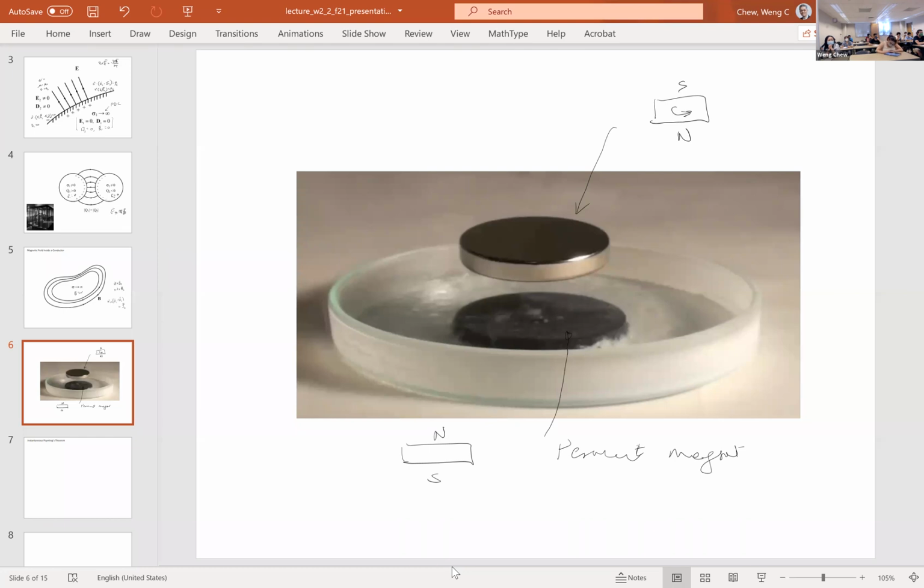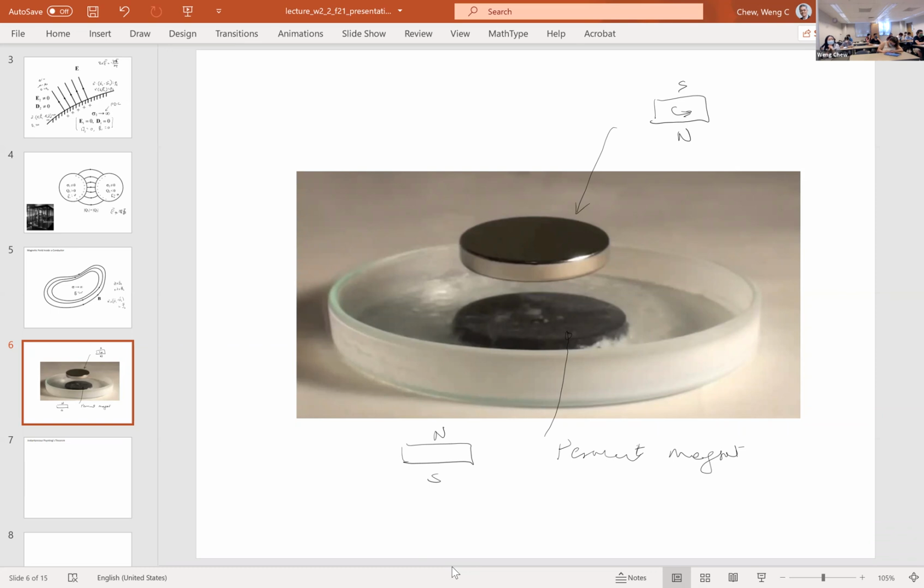And the two magnets are of opposite polarity, and it will be levitated. Okay, it will be levitated. It's an interesting sight to see. If you happen to be in Boston, you can go to the Boston Museum of Science, you can see it there. Okay.